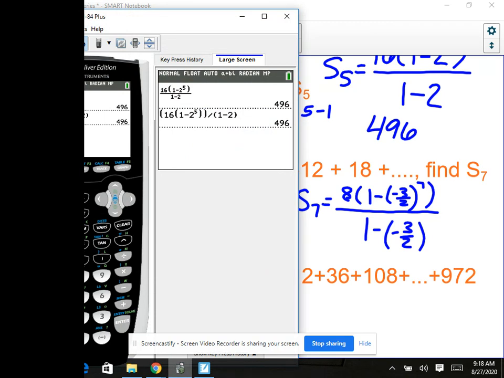So if I plug in, I do my 8 times parentheses 1 minus negative 3 halves raised to the 7th power, all over 1 minus negative 3 halves.